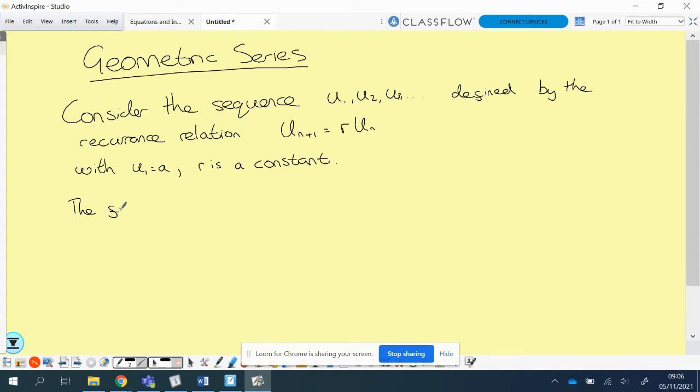So the first term is A, and there is a ratio of R between successive terms.